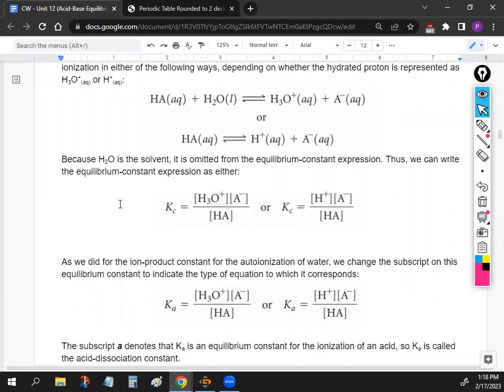So we need the equilibrium constant, the Ka, to figure out how much it dissociates. Ka is just K, but for acids. Everything else is the same: products divided by reactants, all the same stuff we've been talking about for equilibrium.